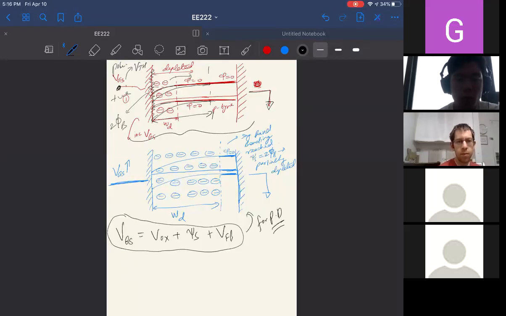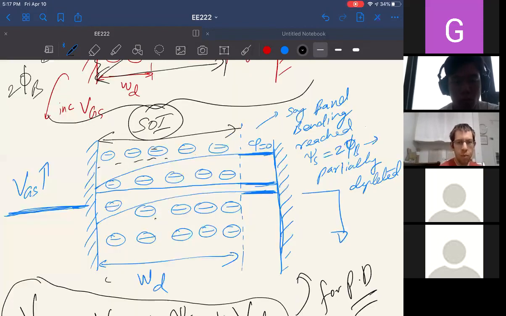But in these SOI MOSFETs, as you keep increasing this voltage, because the SOI is much thinner, you will reach a point wherein, even before reaching 2 phi B, your silicon is completely devoid of any carrier. So the silicon is completely depleted over here.